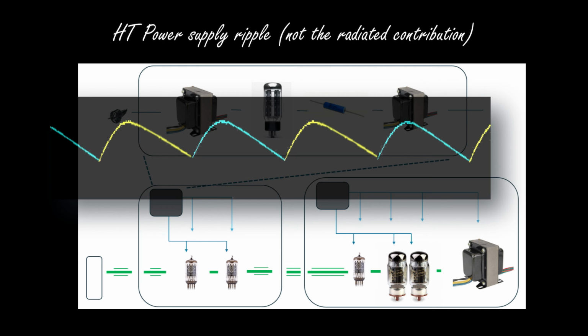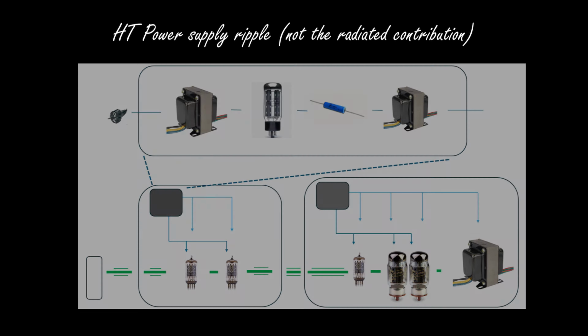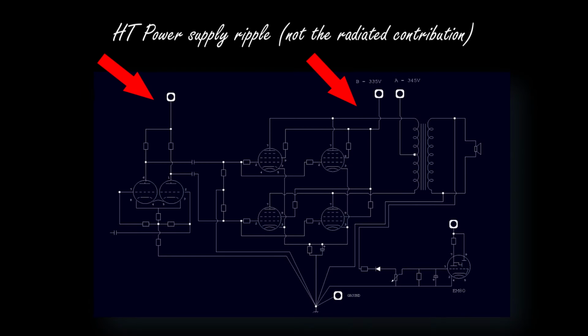Let me just remark this. We're not speaking of the electromagnetic field radiated by the power supply sections. We spoke about that in the last video. On the contrary, here we are speaking about the high voltage ripple, which can sort of modulate the audio signal passing through each tube.